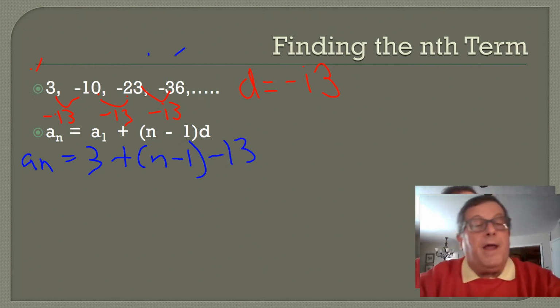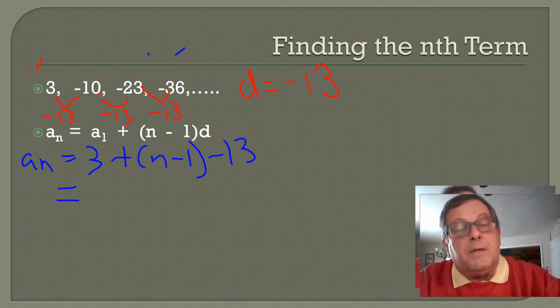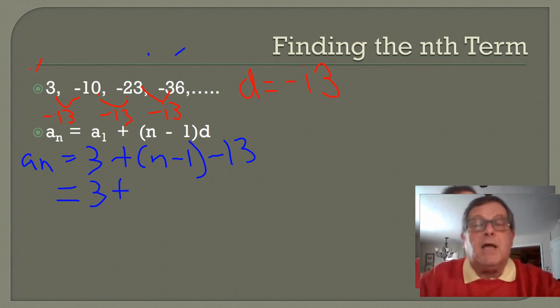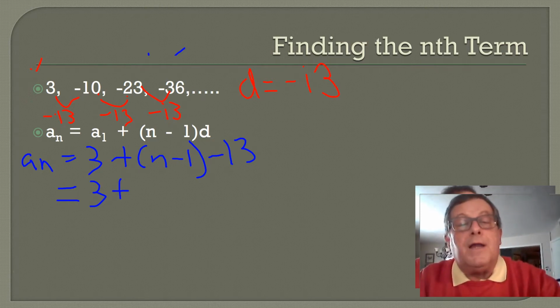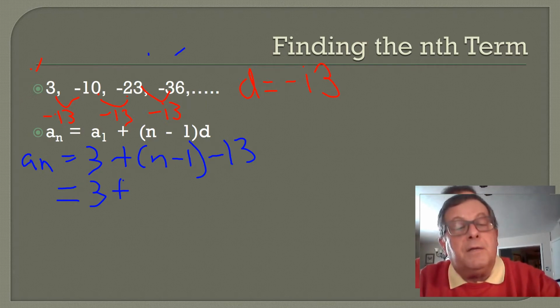All right. Now, I've got to distribute this negative 13 to what's inside the parentheses. So let's see, I can go ahead and just write 3 here because I'm not going to do anything with it yet, because please excuse my dear Aunt Sally. We'll deal with that later. All right, negative 13 times n. Well, that's going to give me not positive n. It's going to give me negative 13n.